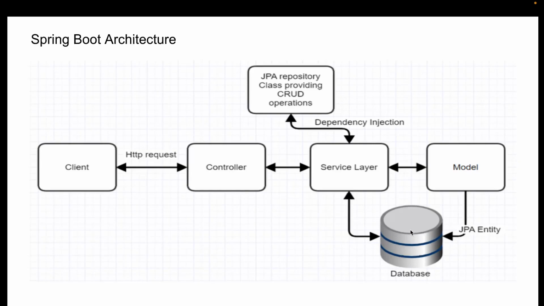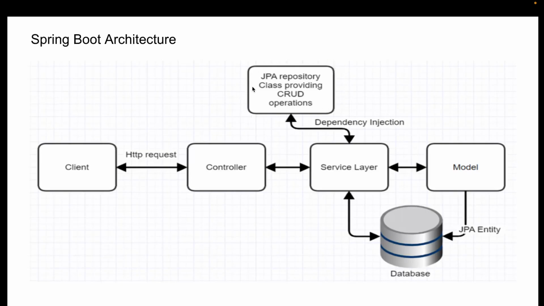A data layer is also called the repository layer. When I talk about repository, I talk about the data layer or the database layer. So there are some repositories like JPA repository.